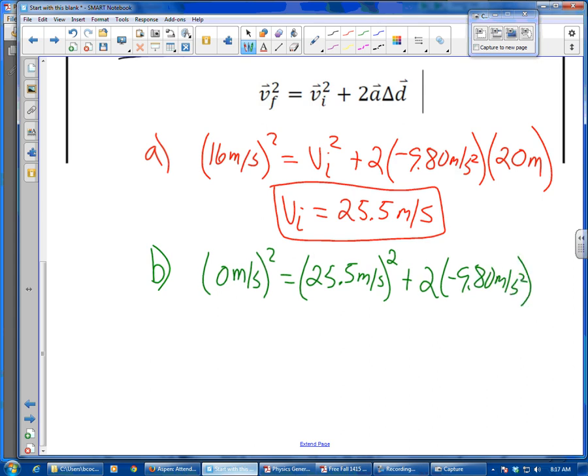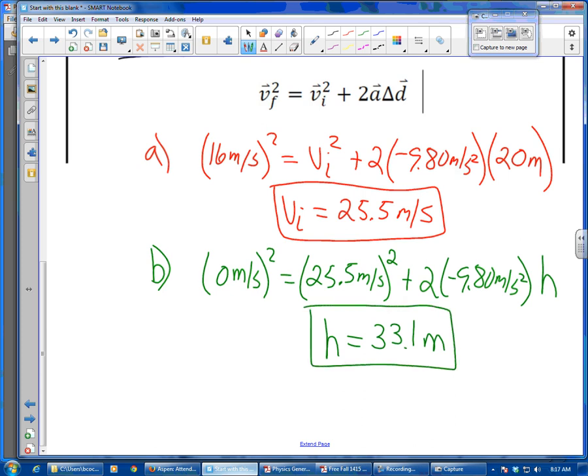Still accelerating. And I don't know how high it's going to go. I'm going to call that h though. And so that'll be the height that it goes from, it ends up going down to 0. And I got 33.1 meters as my height.